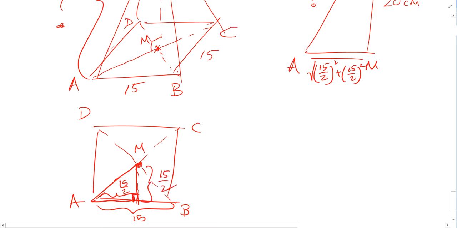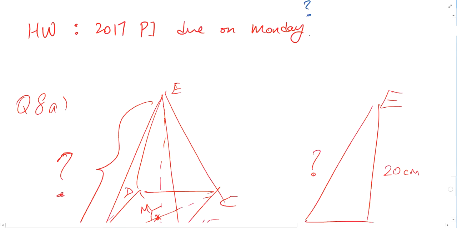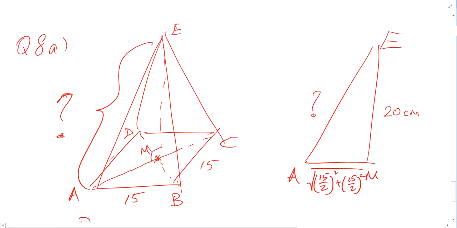So this is how we get AM. For Sophia, this is what we have, A, B and M, 15 over 2, 15 over 2. Get it? Once we get AM, we will be able to get our value of AE using Pythagoras theorem again.